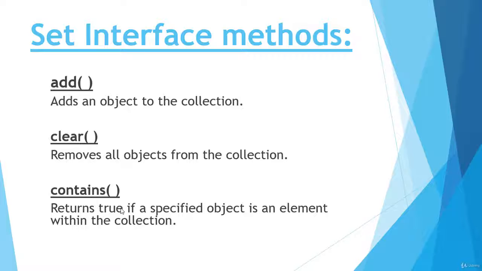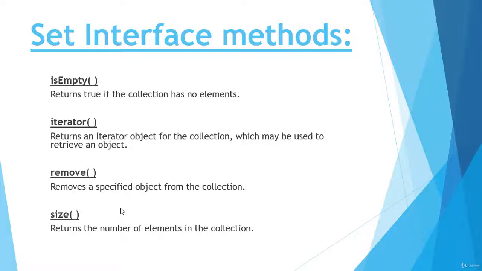So we pass 5 in the arguments of the contains method. It will return true or false. If that element is present in that collection, we will get true, otherwise we will get false. So basically the contains method helps us to check whether this element is present in this collection or not.